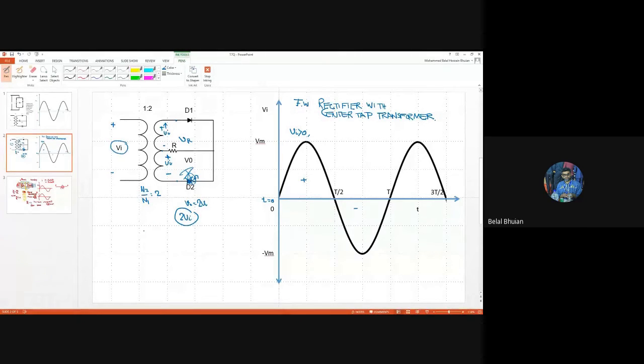So in that case, we can redraw the circuit like this. And this is open circuit, so it doesn't matter whether you have it or not. Now we are going to go for the usual procedure. First of all, we're going to determine the transition state voltage.